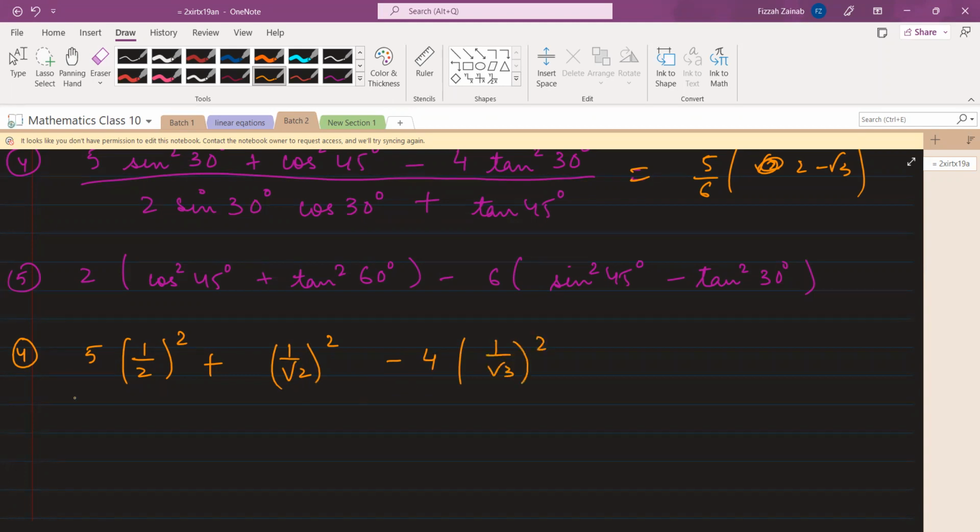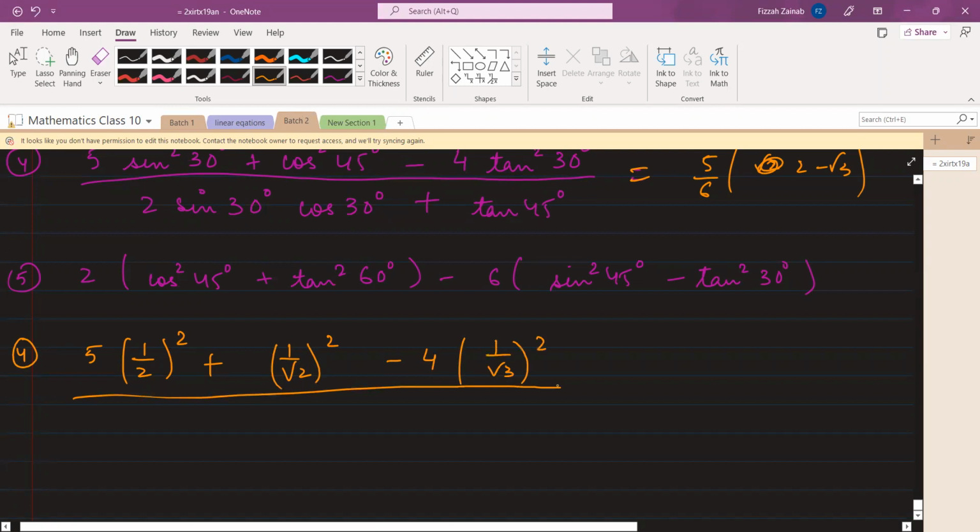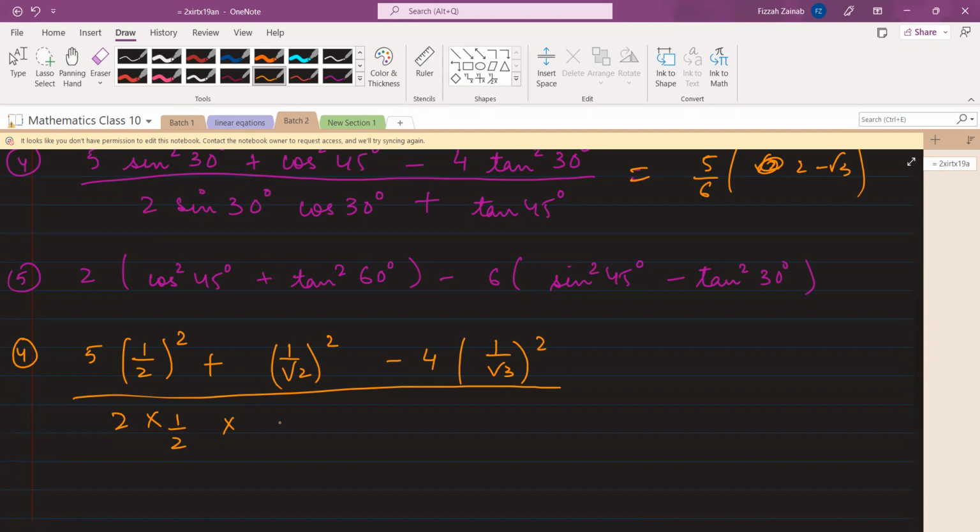Divided by 2 into sine 30, which is half, and into cos 30, which is again root 3 by 2. And this is plus here. Tan 45 is 1. Yes, so far.